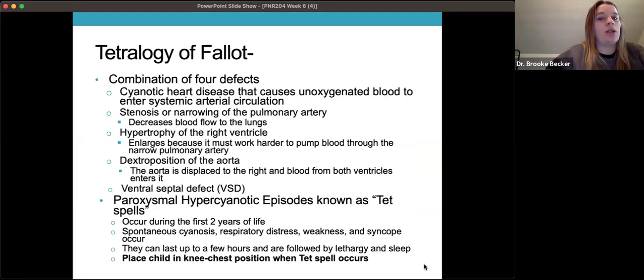Okay. So there's 4 defects in tetralogy of Fallot. Your VSD, pulmonary stenosis, your overriding aorta, and then that right ventricular thickened muscle, hypertrophy.